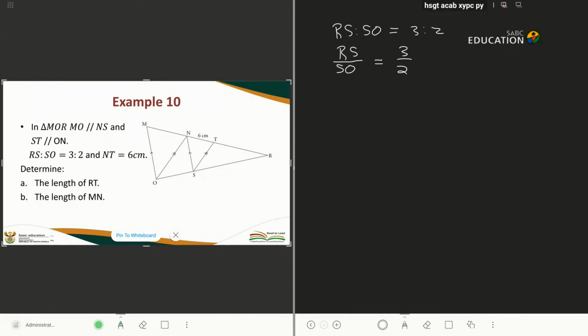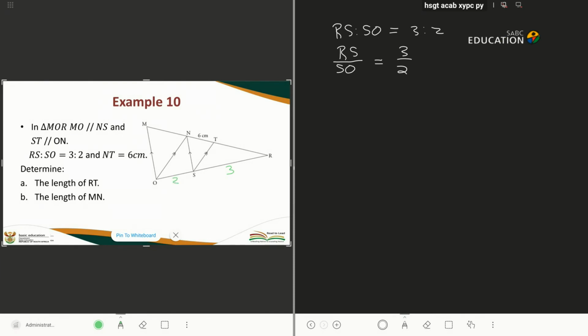Now if you look on the diagram, I look at RS and want to say RS is 3 and SO is 2.